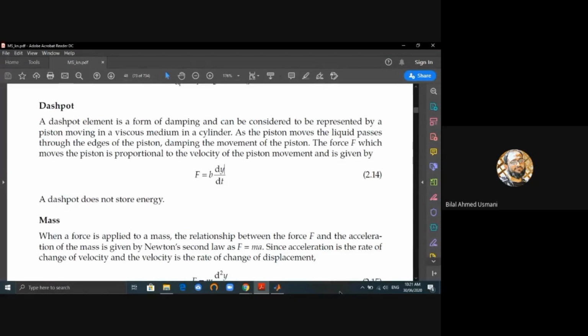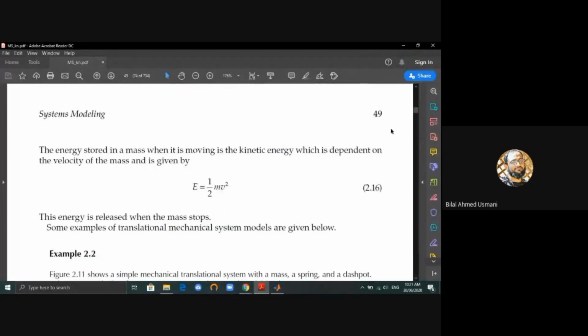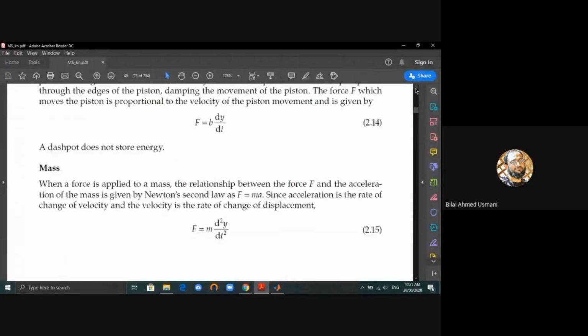Now, the third is the mass, which is quite easy to interpret. We are studying it a lot in our physics courses. When a force is applied to a mass, F is equal to ma. In terms of displacement, acceleration is the second derivative of displacement. So F is equal to m d square y by dt square, and for the dashpot, F is equal to b dy by dt.